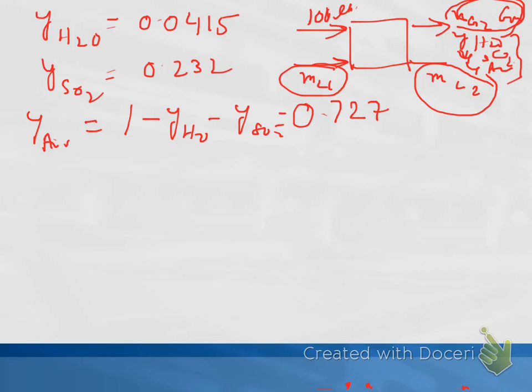And how many independent equations can we write? 3. What are those three? H2O balance, SO2 balance, and air balance. So we have three species in there, and no chemical reactions, so three species have to be counted. Whatever is going in has to come out. So three species balances, and there are three unknowns here.